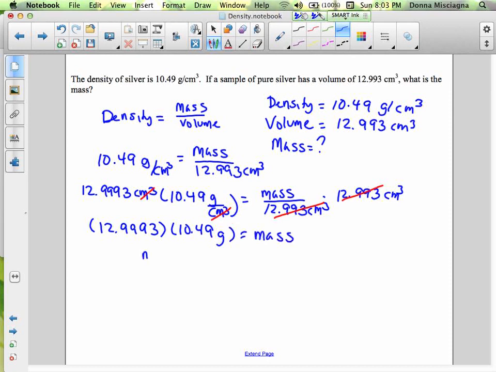So now I'm just going to plug that into a calculator. 12.99. Oops, somehow I got too many nines in there. Just two nines.